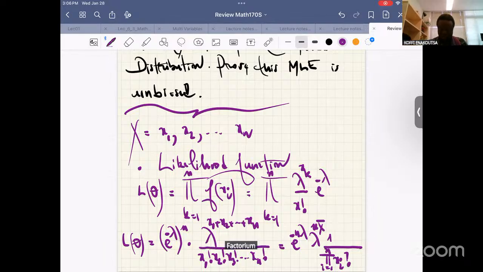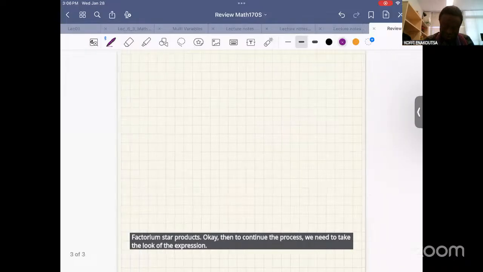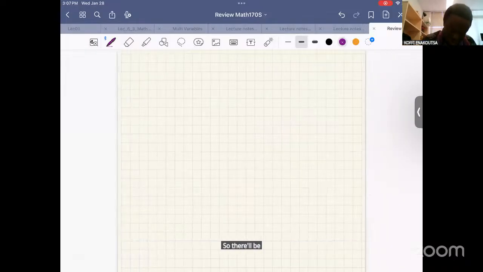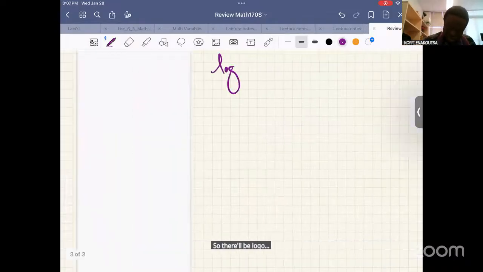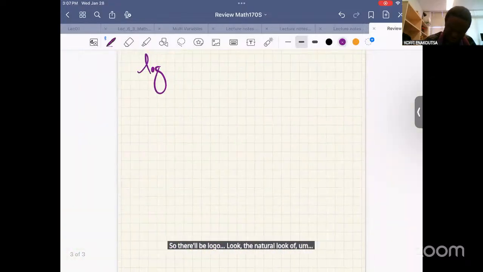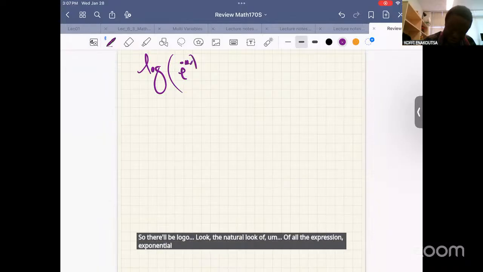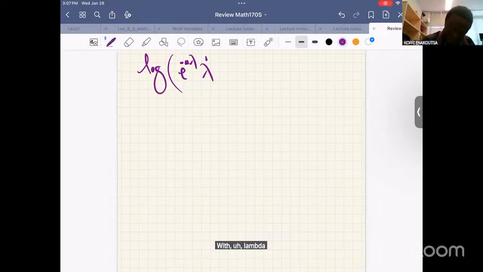Then to continue the process, we need to take the natural log of the expression: the log of exponential of minus n lambda, times lambda raised to the power n x bar, times 1 divided by the product of xi factorial, i from 1 to n.